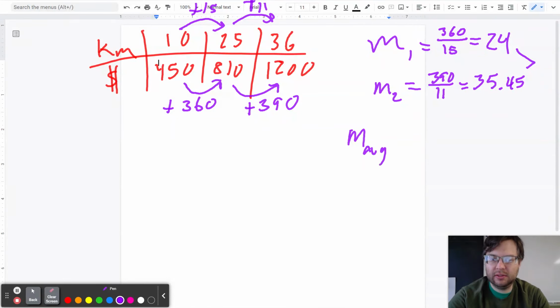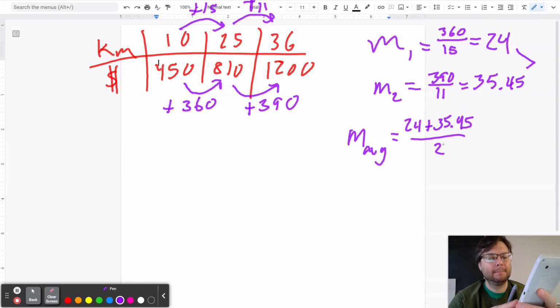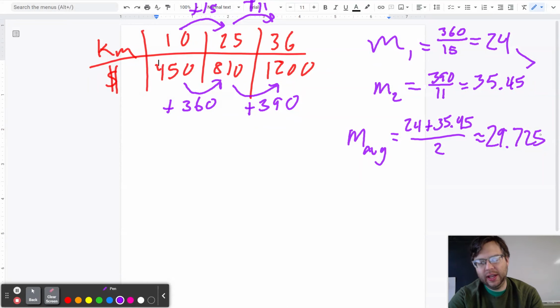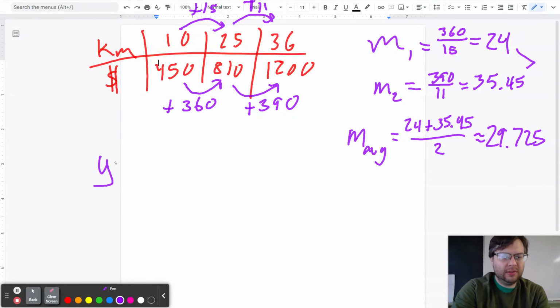So if I did the average, I'd get 24 plus 35.45 over 2. And so that means that my average cost here is 29.725.